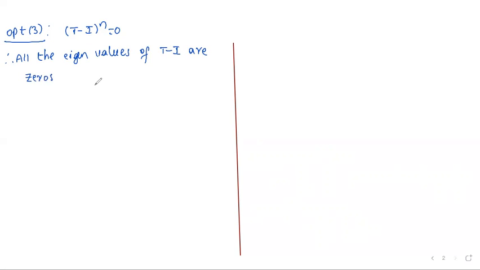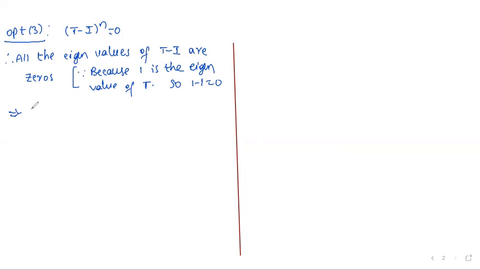Why? Because 1 is the eigenvalue of T, so 1 minus 1 is equal to 0 in the diagonal elements, and 1 minus 1 is also 0. So all the eigenvalues of T minus I are zeros.